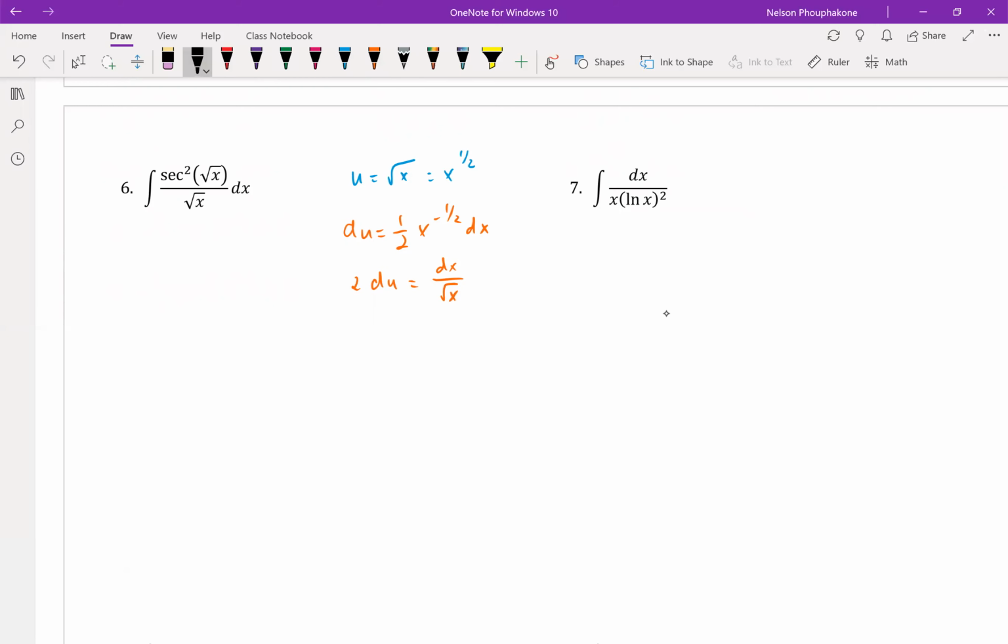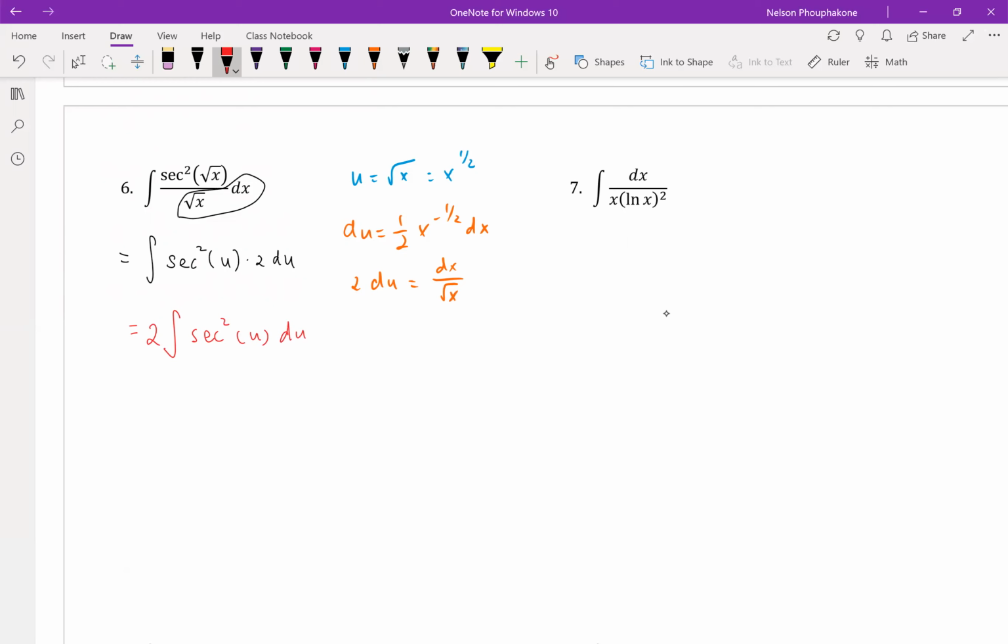And now I will have secant square of u and 2 times du. Of course, I take out the 2, then I will have secant square u du.